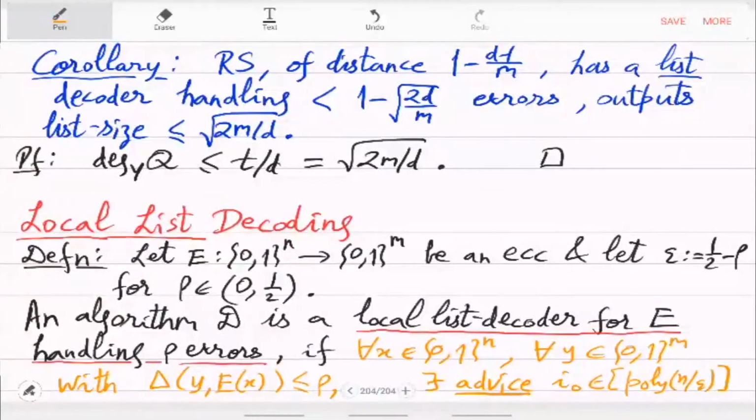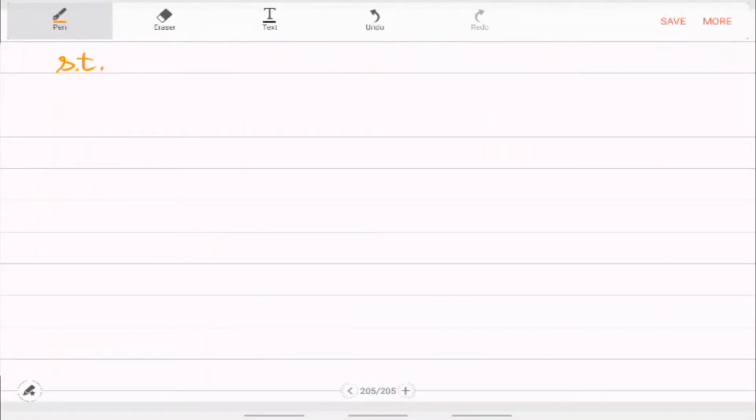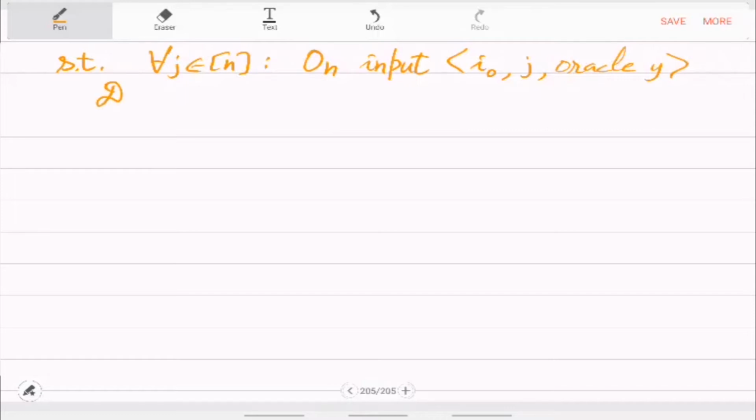Such that for all locations j, when you are given as input this index or advice, that is which x you want, implicitly this is what you are capturing, the jth bit of x, that location, and an oracle for y, D will run in time polynomial in, again very few queries, right.